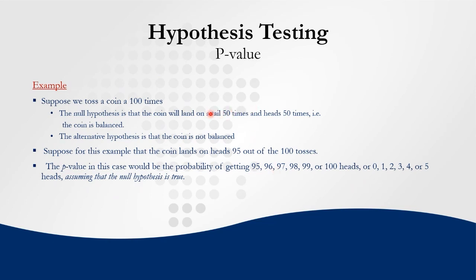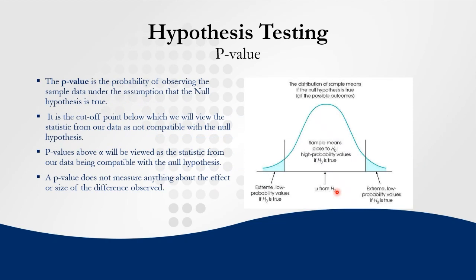If we assume that it is balanced, then the p-value will be computed on the probability of getting 95, 96, 97, 98, 99, or everything as heads. And I think if you come back here, this will be the extreme.